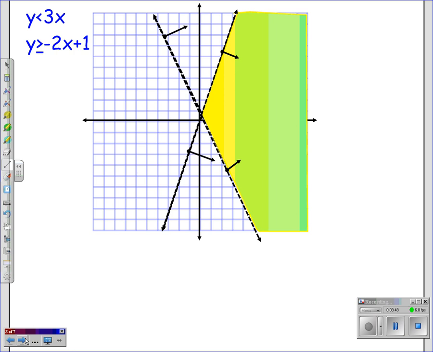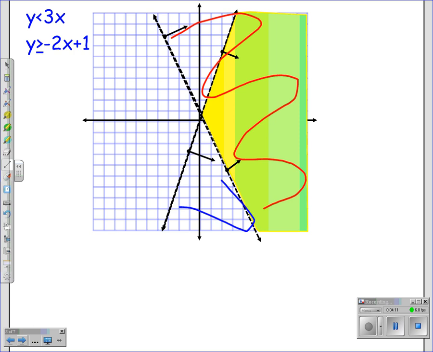So, when you get done shading, anything in the shaded area will be a solution to both of the inequalities. Okay, it's got to be a solution for the system, so it's got to be where those two intersect. Because technically, this one is here, and this one is here, and we only want the part that is both red and blue.